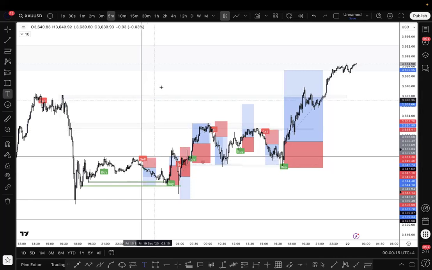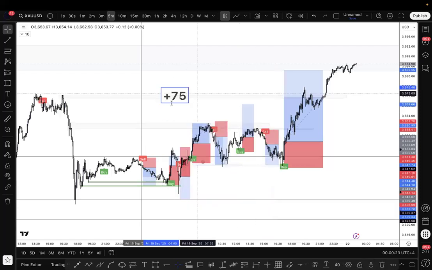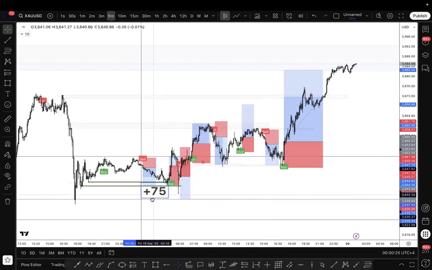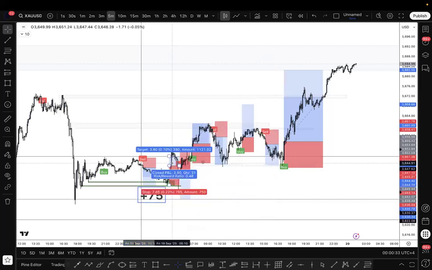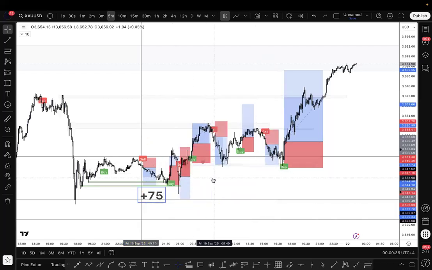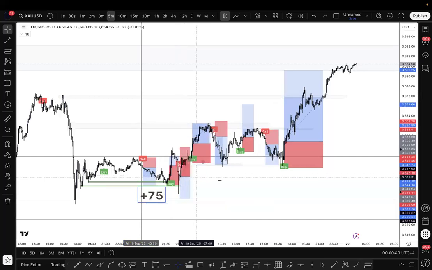So first pip here, we have plus 75, right? So we're just gonna put it. So here we have, okay, not 75, 72 pips. The second one was break-even trade, right? The third one, we lose how many pips? 118 pips.